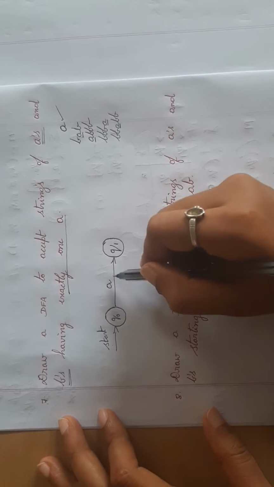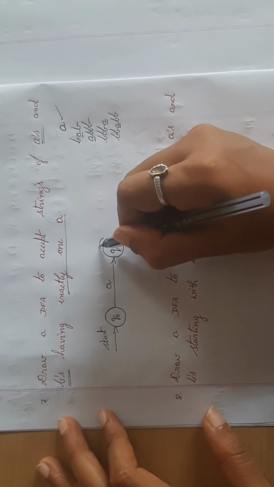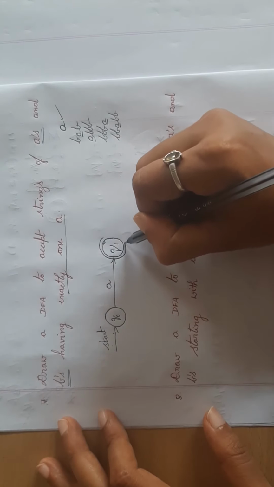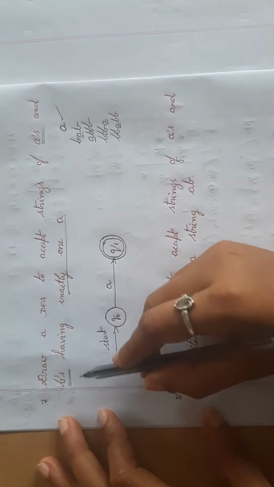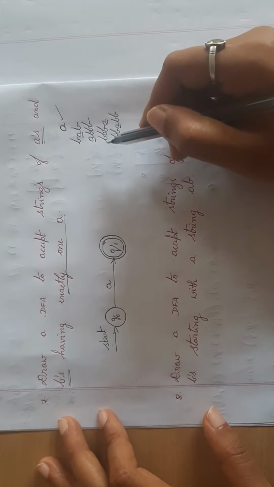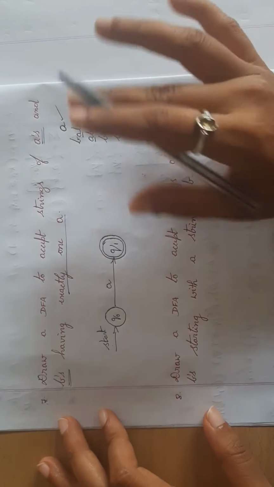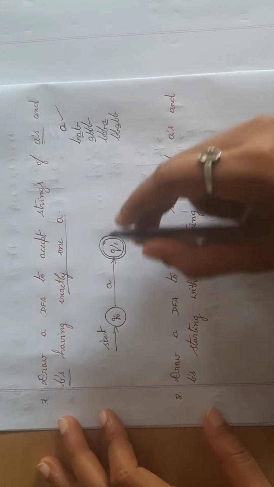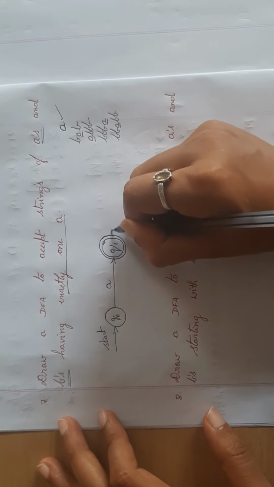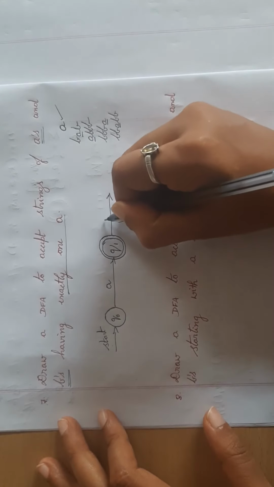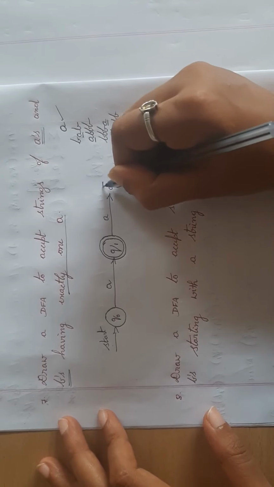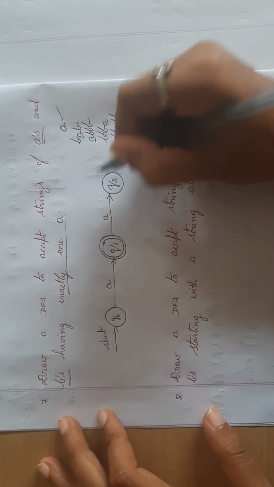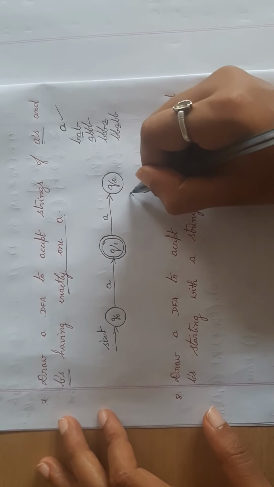So as soon as A is accepted, I'll take this as final state. Okay, this is similar to the previous one. Next I have A's and B's. What about other A? Okay, other A's, everything should be discarded. So what I'll do is, the A that goes out from Q1, I'll take it to a state Q2, which is known as dead state.